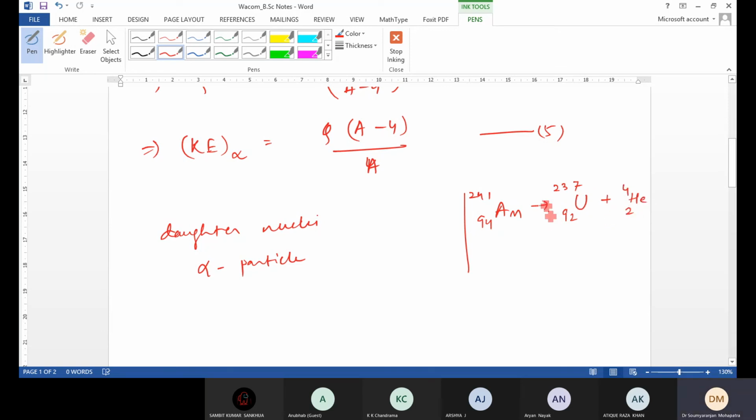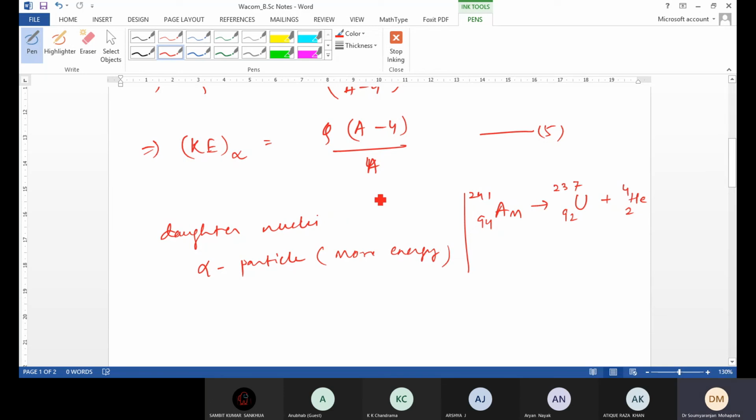So in this alpha decay process, the daughter nucleus and alpha particle share energy, but the alpha particle will carry more energy as compared to the daughter nucleus. Understood? So more energy in case of alpha particle, and comparatively less in the daughter nucleus.